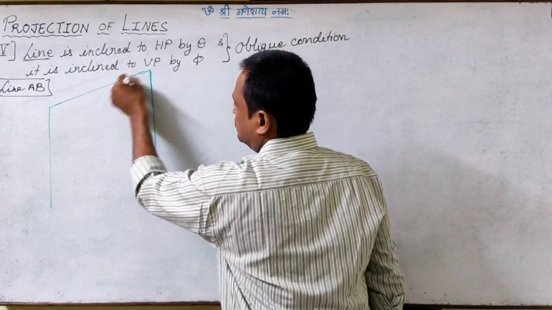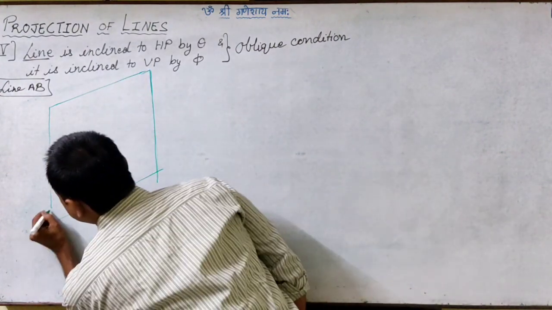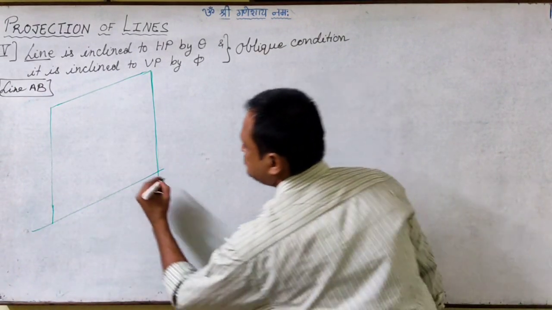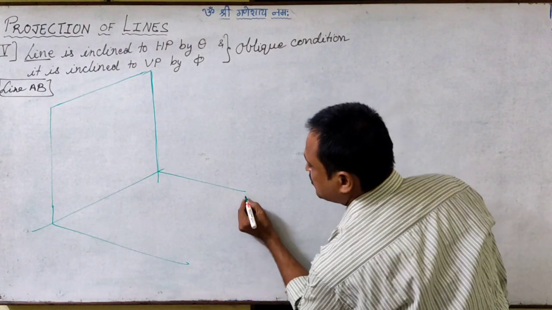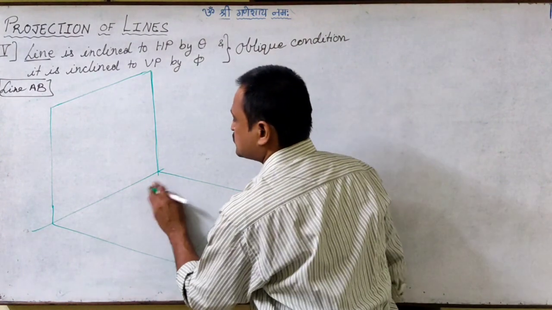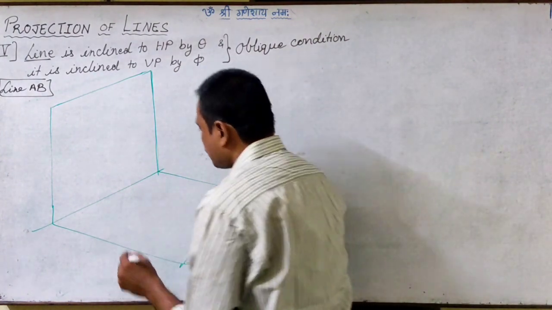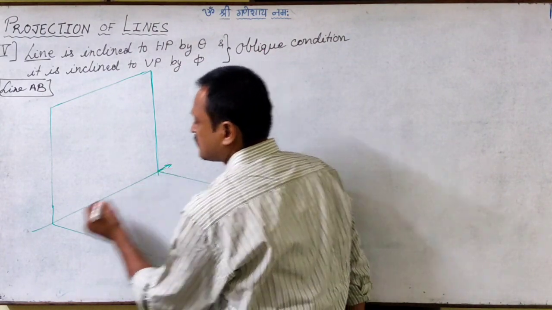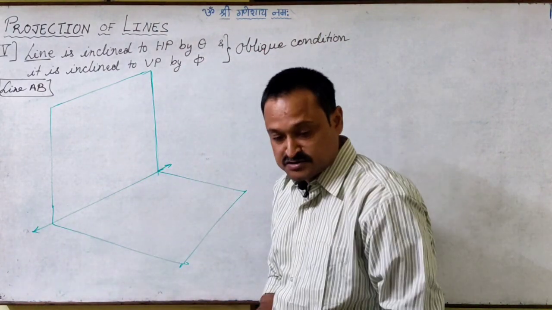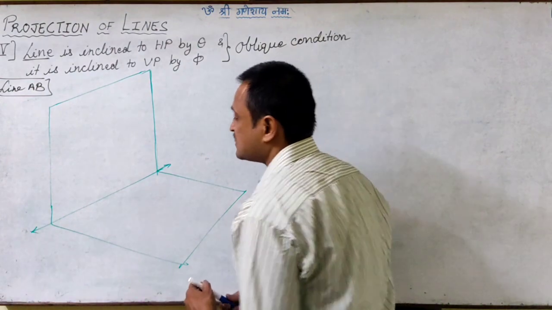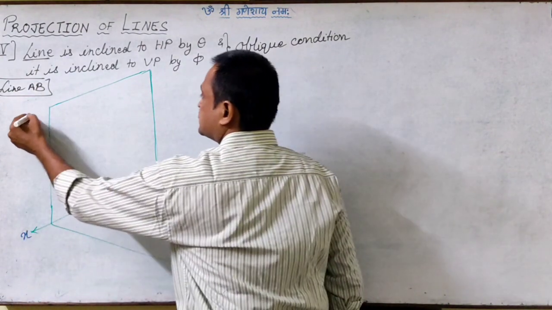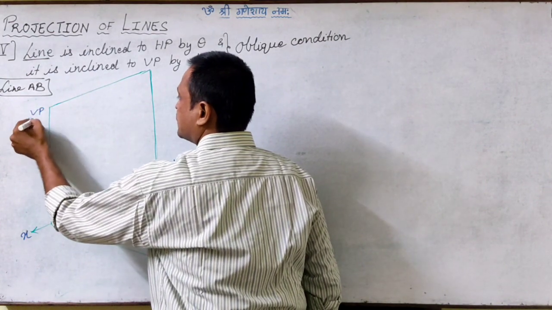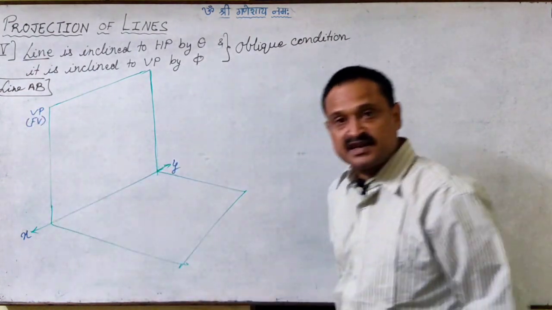So say this is the vertical plane, and this is the horizontal plane, right? The intersection of the vertical plane and the horizontal plane is the reference line XY. This is the vertical plane where I will get the front view image of the line.